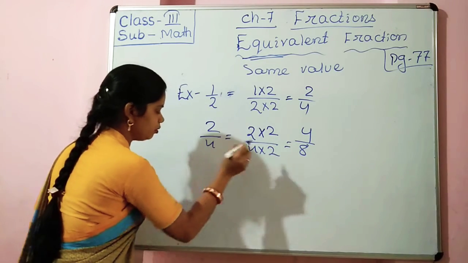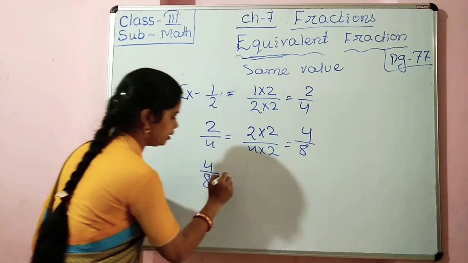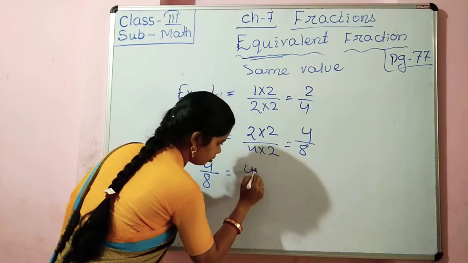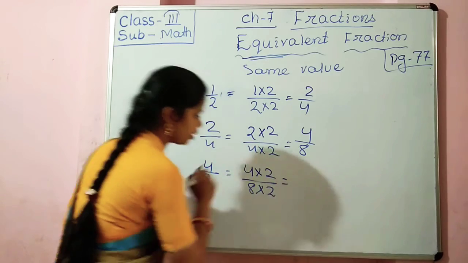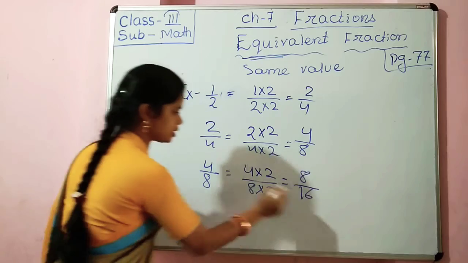Okay, next, suppose we find the equivalent of 4 by 8. We multiply the numerator by 2 and the denominator 8 multiplied by 2. Okay, 4 2s are 8, 8 2s are 16.